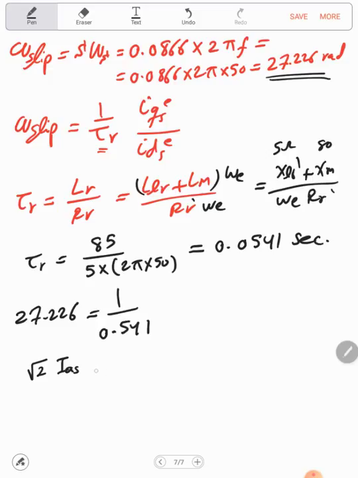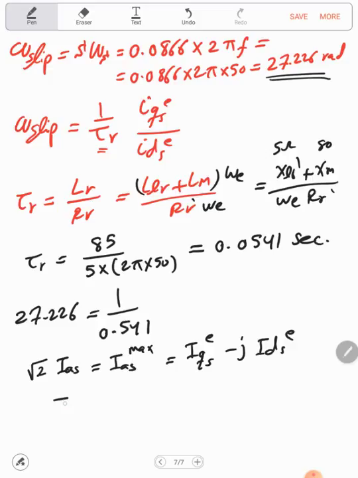IAS was equal to, this is the IAS max, let's say, this equal to IQSE minus jIDSE.